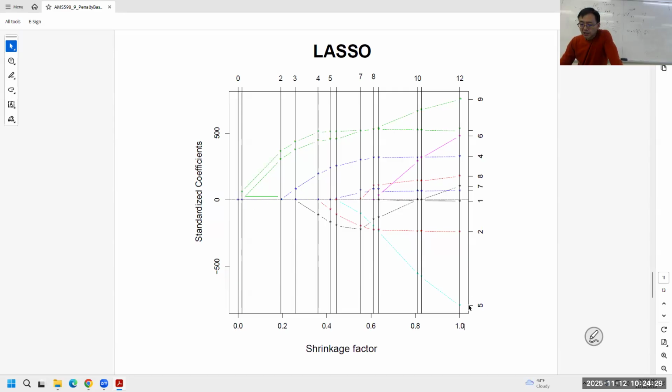But for some others, let's see beta 5, you can see it's negative, but its absolute value becomes smaller and smaller, shrinking towards 0, until it reaches a certain point where it becomes 0 and then stays 0 forever.